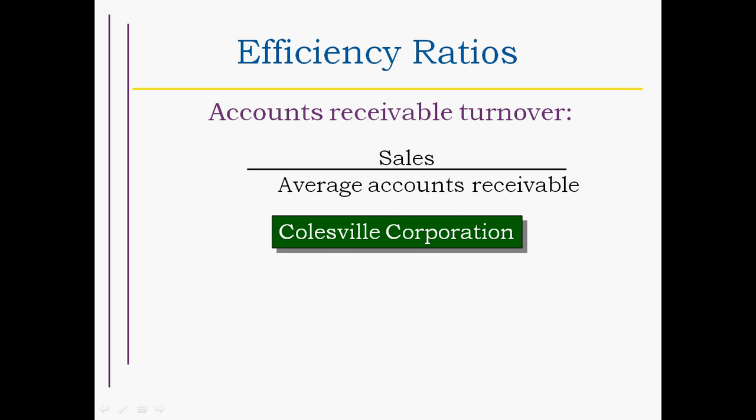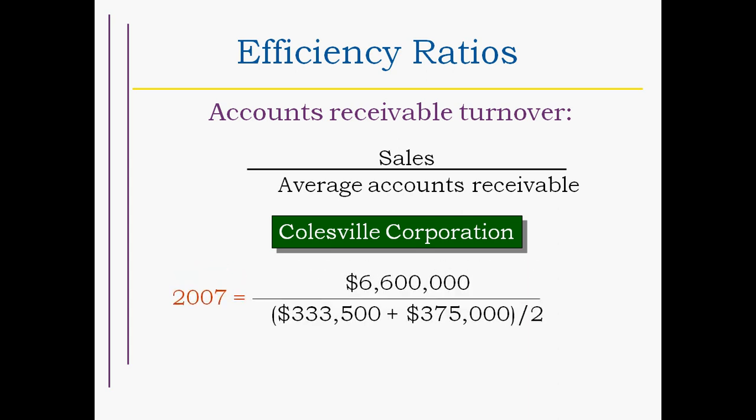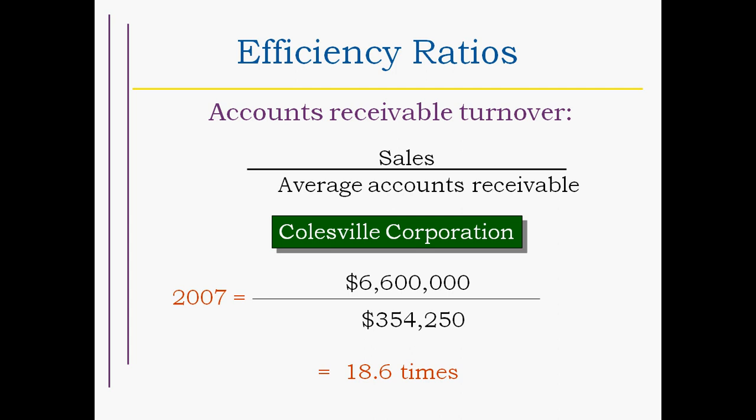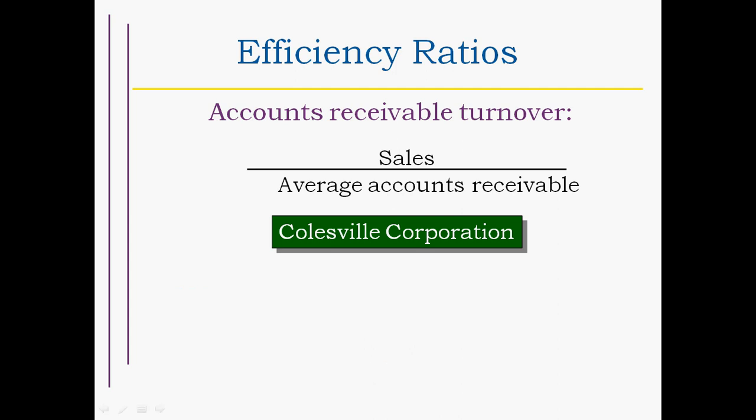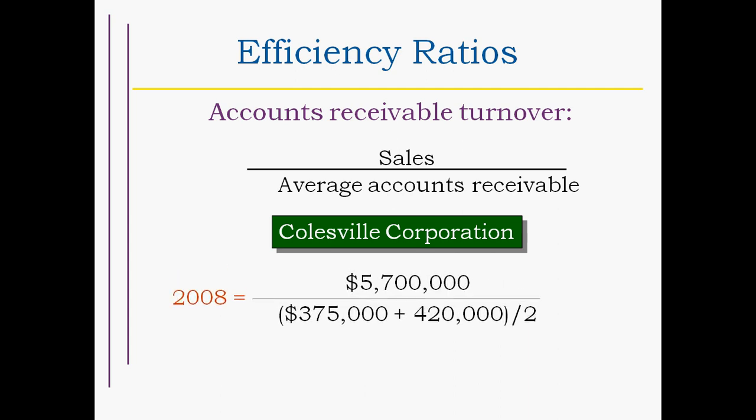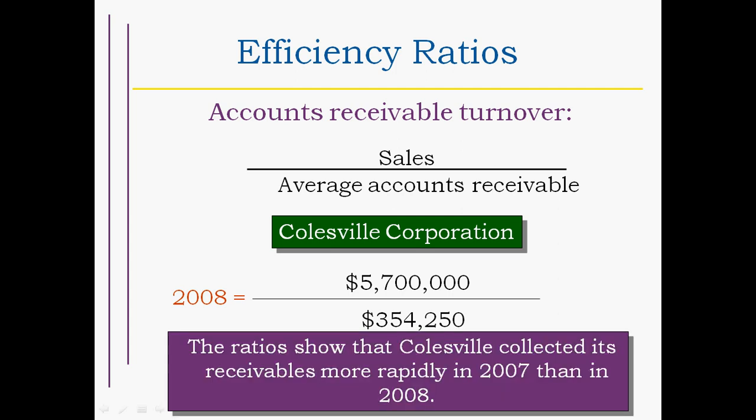So the efficiency ratio, accounts receivable turnover, is equal to sales over average accounts receivable, in which sales are divided by average accounts receivable. In 2007 it is 18.6 times receivable turnover, but in 2008 it is 14.3 times.